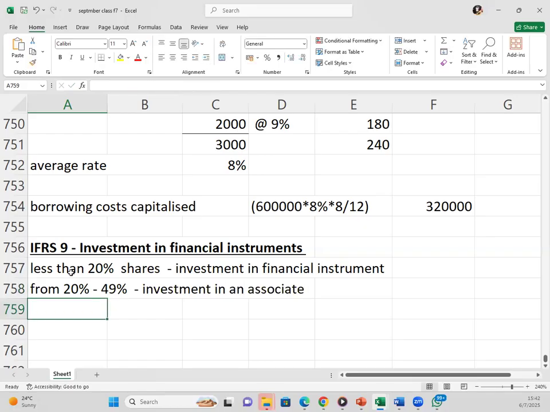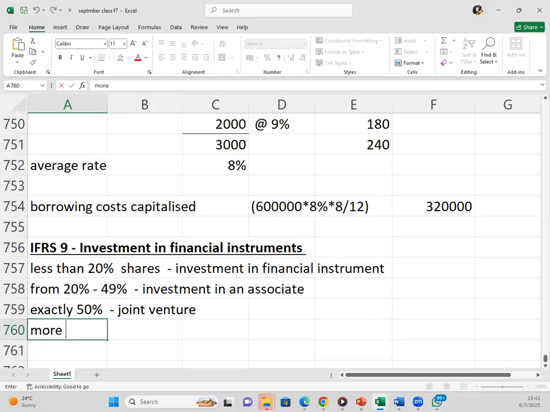You buy exactly 50% shares, that one is a joint arrangement, or you can treat that under joint venture accounting.